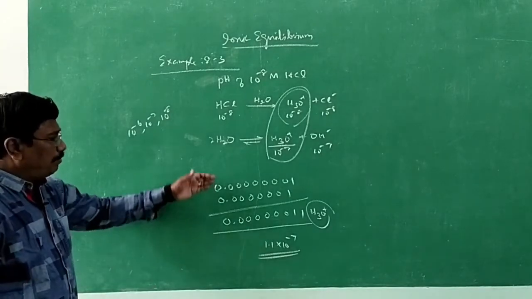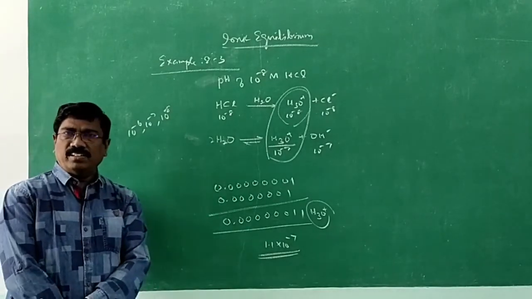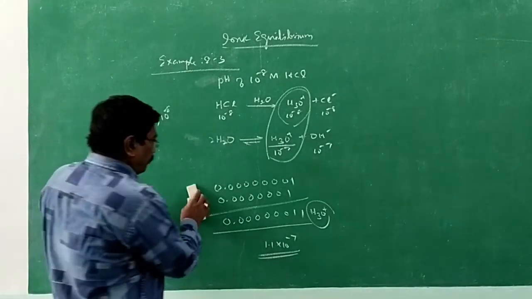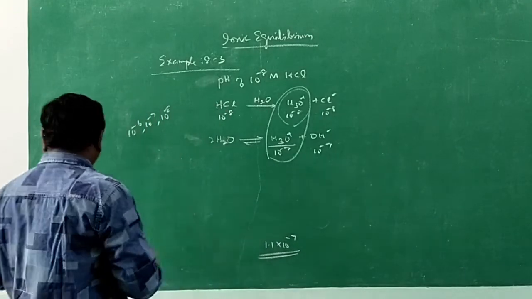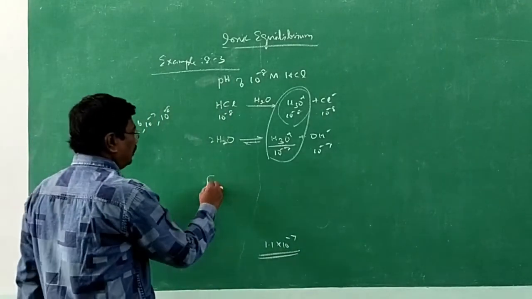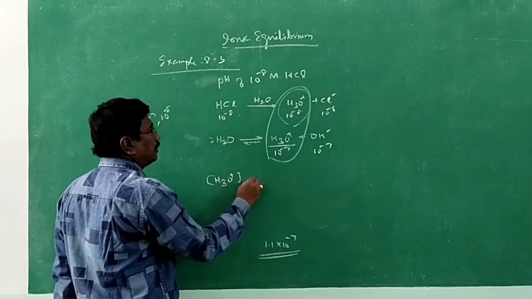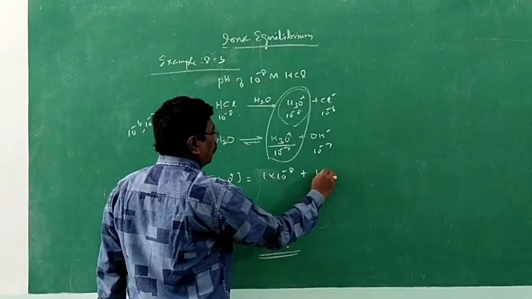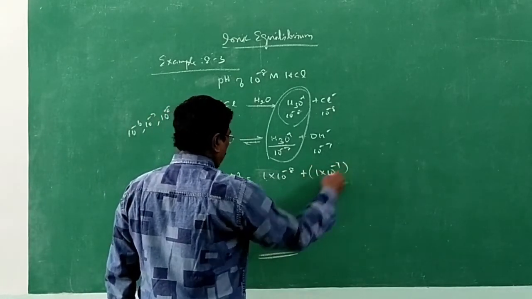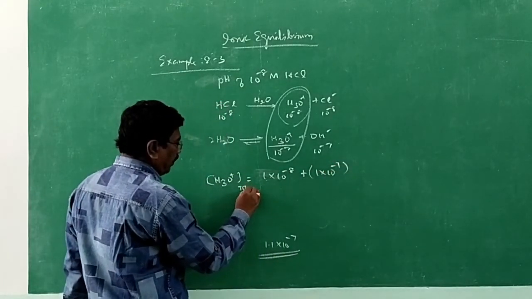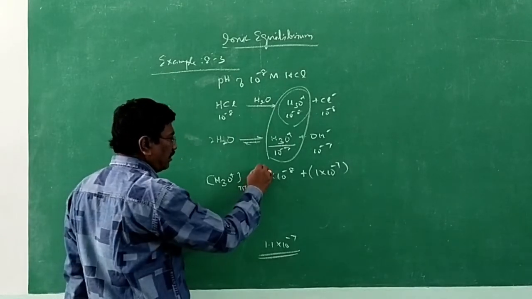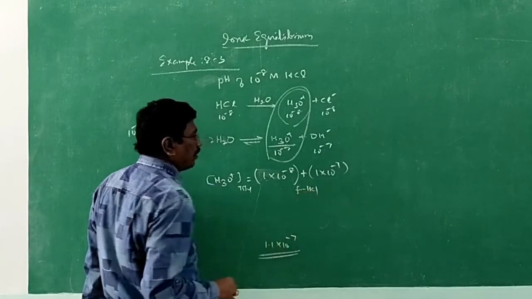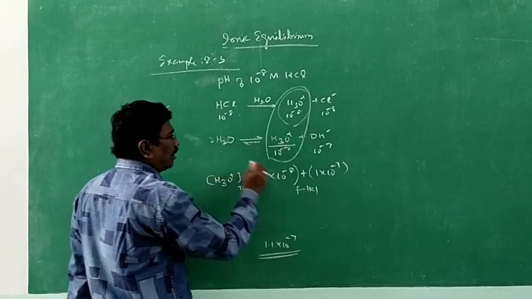But writing like this may be the work of primary students, and we can do the work in another way. Concentration of hydronium ions is equal to 1 in 10 power minus 8 plus 1 in 10 power minus 7. The total hydronium ion concentration is equal to the concentration of hydrogen ion from HCl plus the concentration of hydronium ion from water.